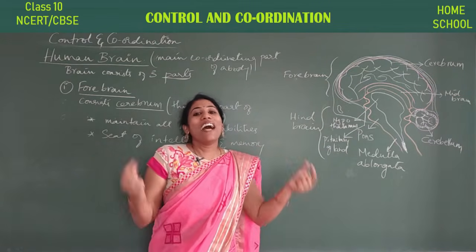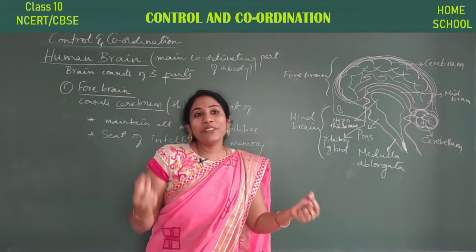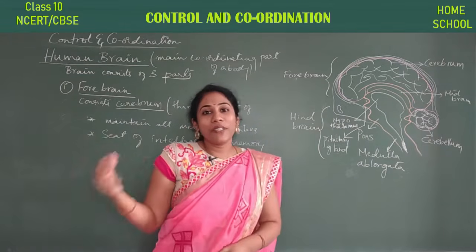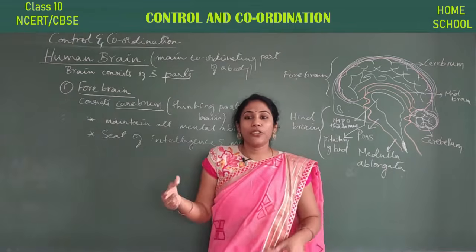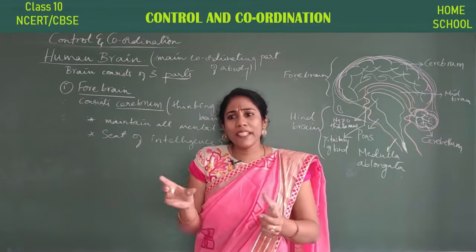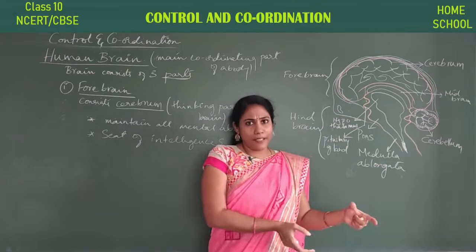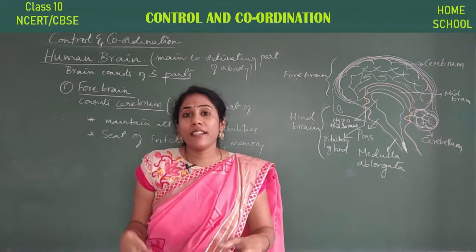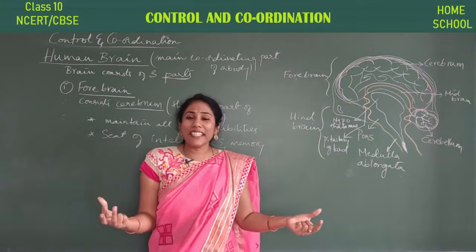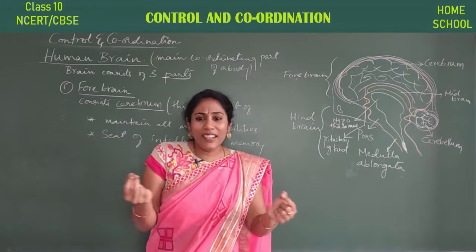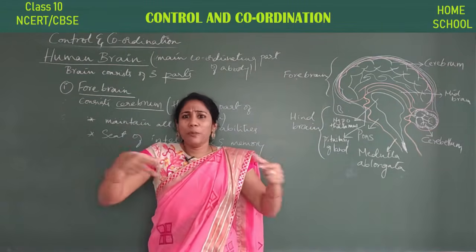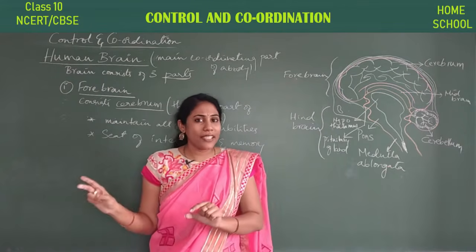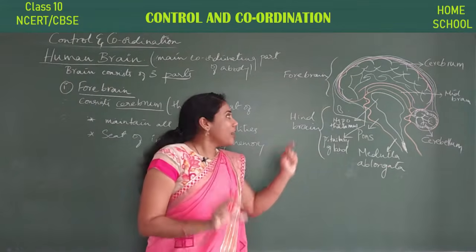If you have a very strong and well defined cerebrum, then you are more intelligent and your memory is too good. This memory varies from person to person. Some people can remember few things very nicely and some people do not remember certain things. There is very little difference between one person and another, and it all depends on the cerebrum.